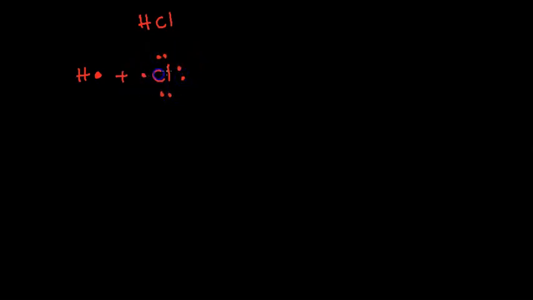This will give rise to hydrogen with 1 covalent bond. In the case of hydrochloric acid, it has 1 hydrogen atom with 1 valence electron and 1 chlorine atom with 7 valence electrons. A single bond is formed between hydrogen and chlorine by sharing 1 electron.